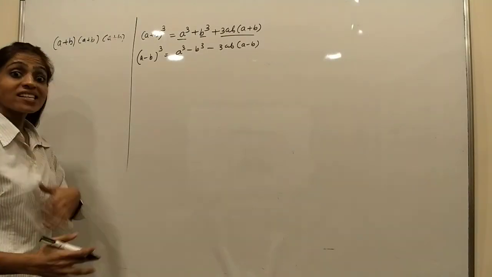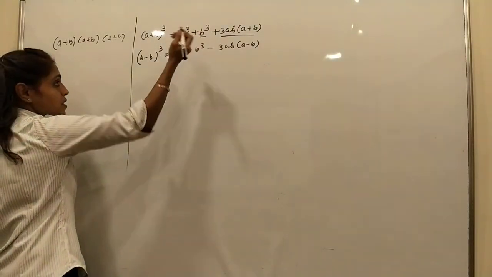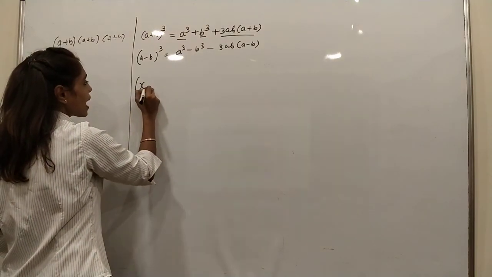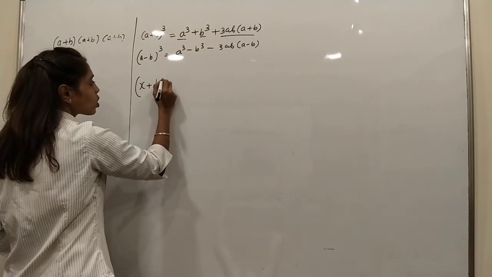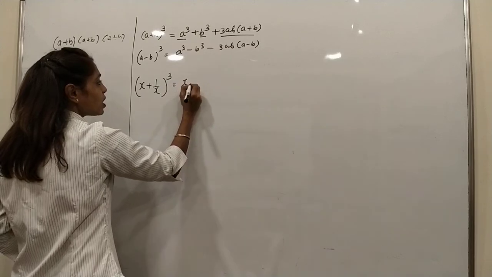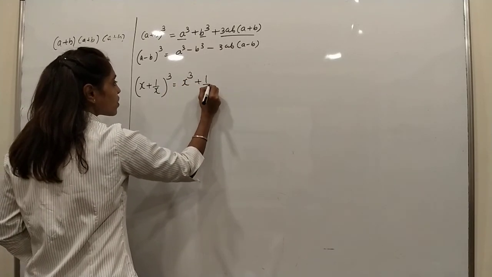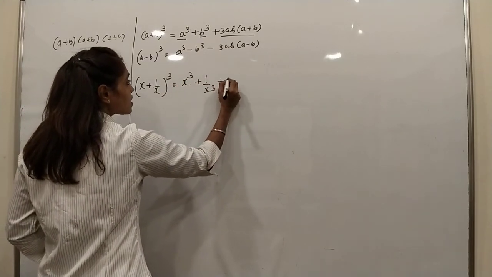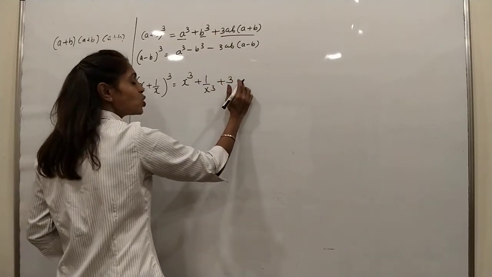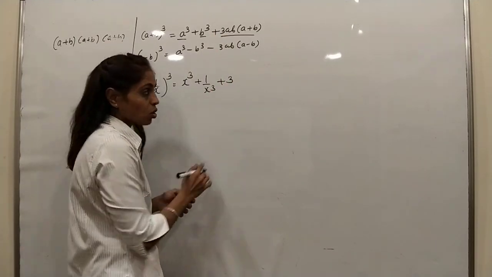Now what about x and 1 upon x? Let's substitute x plus 1 upon x in place of b, the whole cube. Then it will be x cube plus 1 upon x cube plus 3 x into 1 upon x, which cancels. Got it?